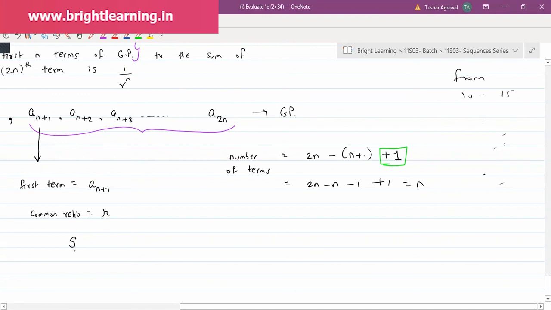So the sum from n plus 1th up to 2nth is equal to the first term multiplied by common ratio to the power number of terms. Now I'm not saying r raised to n, I'm saying common ratio to the power number of terms. Fortunately for us, common ratio is r, number of terms is n, subtraction 1 upon r minus 1.